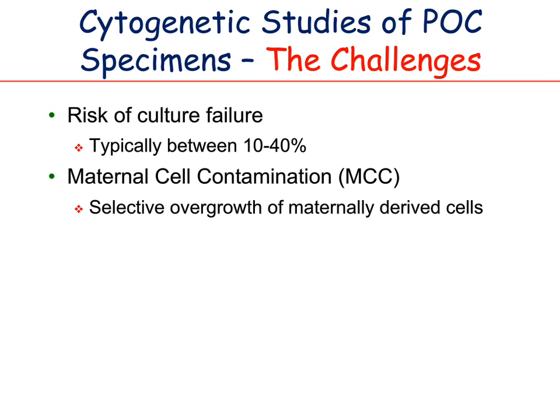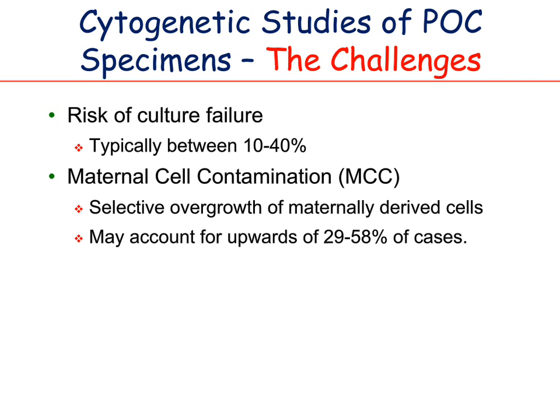And obviously, if that's not done well, you could get a lot of maternal cells when you start growing up these specimens. There's also the complexity of sometimes seeing an overgrowth of maternally derived cells. This may account for upwards of about 29 to 60% of cases, taking published literature that shows the level of mosaicism in the various studies that are out there.